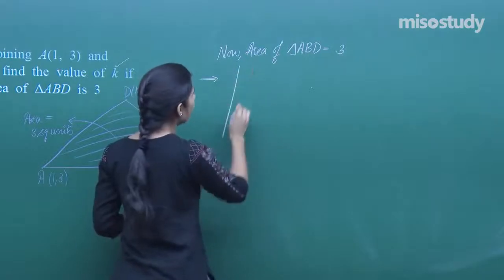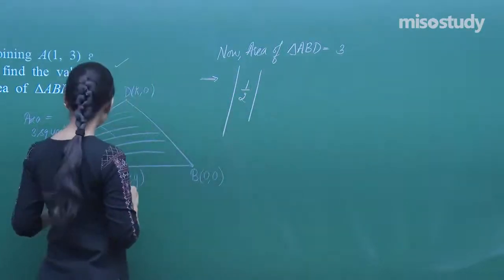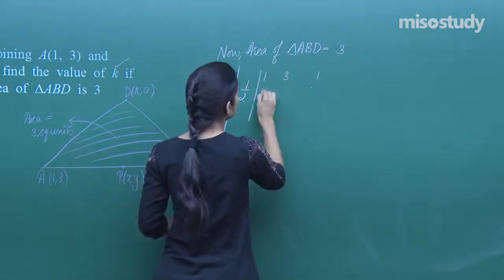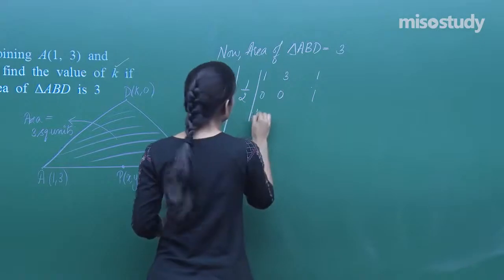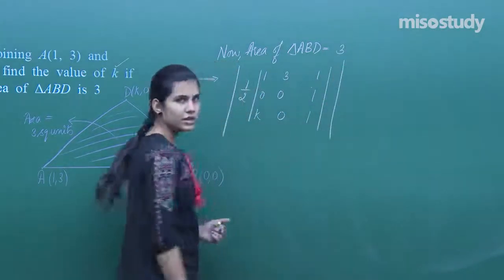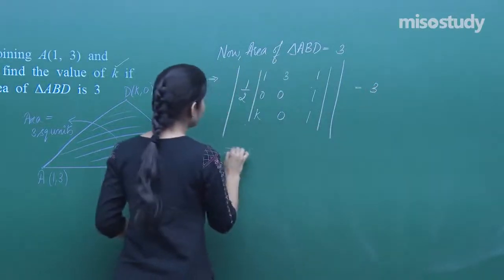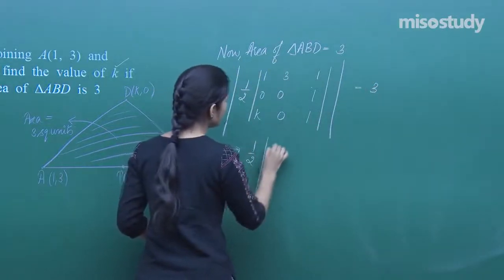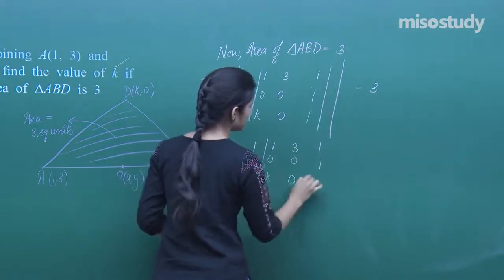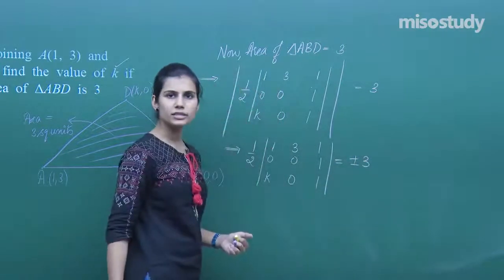That means the mod of the area of ABD, so it is 1, 3, 1; 0, 0, 1; k, 0, 1. Mod of this particular area is equal to 3. If I remove the mod, what do I get? This determinant 1, 3, 1; 0, 0, 1; k, 0, 1 is equal to plus minus 3 because I have removed the mod sign.